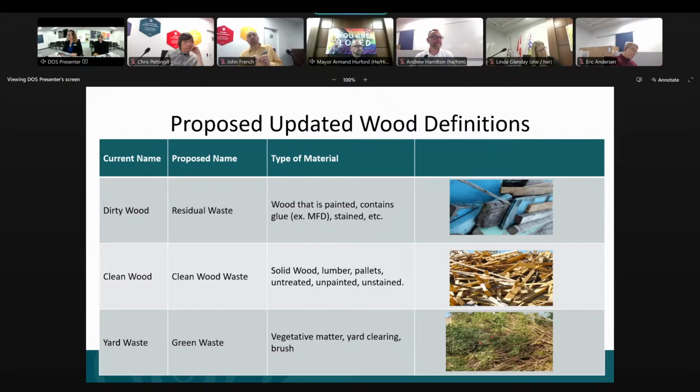It's not at the discretion of the attendant, but the definition of species that are acceptable can change from time to time. Because if you show up with a mixed load of cedar and pine clean wood and just expect to dump it off and then find out you have to separate, it can be frustrating. Is there any way we can signal in the bylaw that you need to check at the landfill?